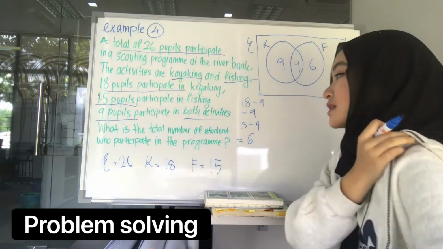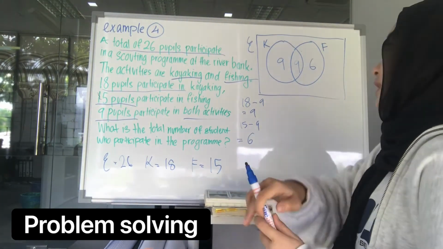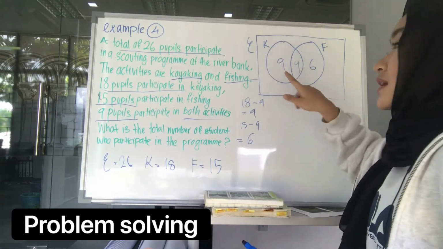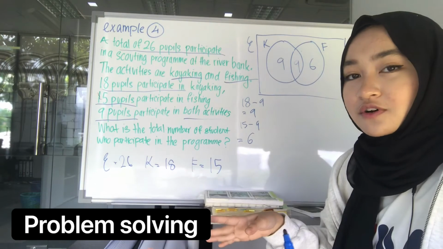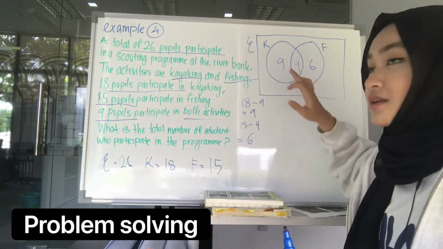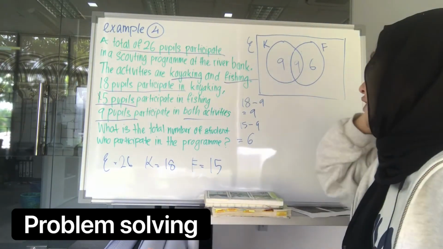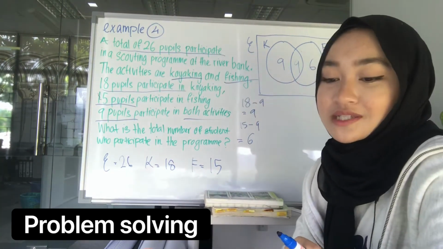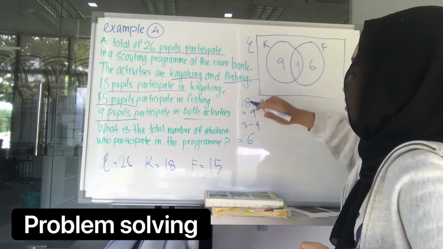Okay. So we already know that the kayaking only is 9, the students involved in both activities are 9, students involved in fishing only is 6, and the total of the students is 26. We need to subtract.